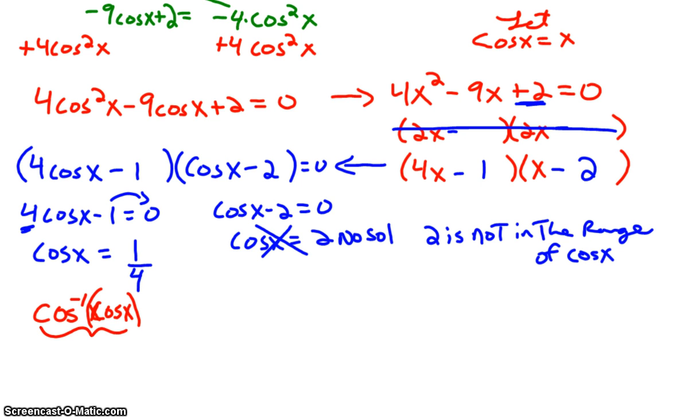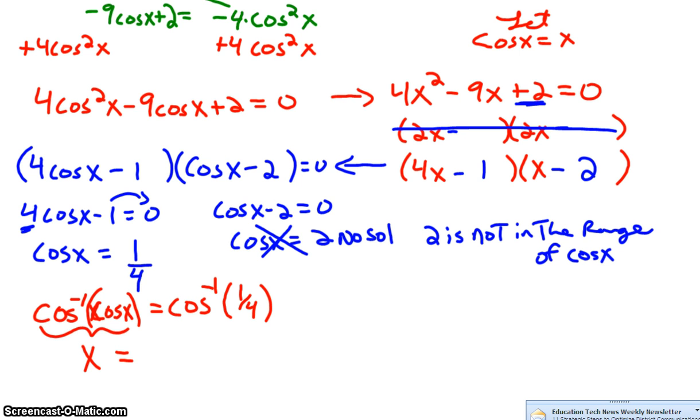That undoes cosine x, giving me just x. And what I do on one side, of course, I'm going to keep the equation balanced by doing it to the other side. So taking the cosine to the -1 will give me the following value on our calculator.